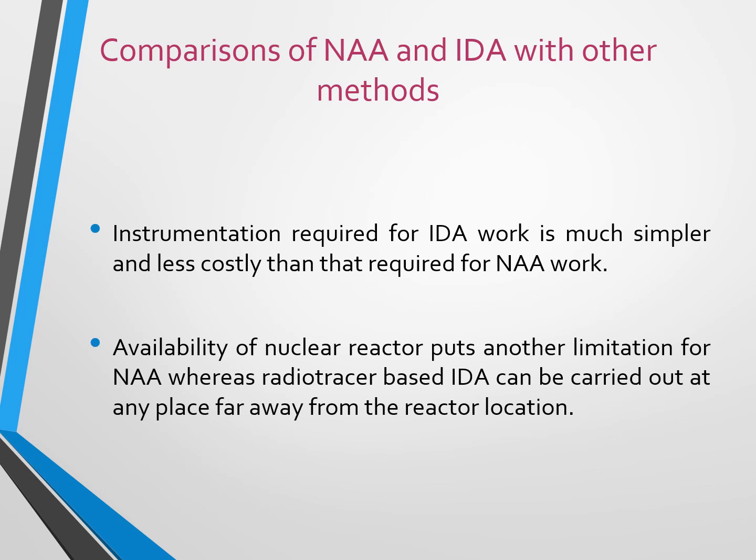We need a nuclear reactor in neutron activation analysis, while in isotope dilution analysis we just need a radio tracer or a radioactive compound. The source of a nuclear reactor is much more costly as compared to the radio tracer component.